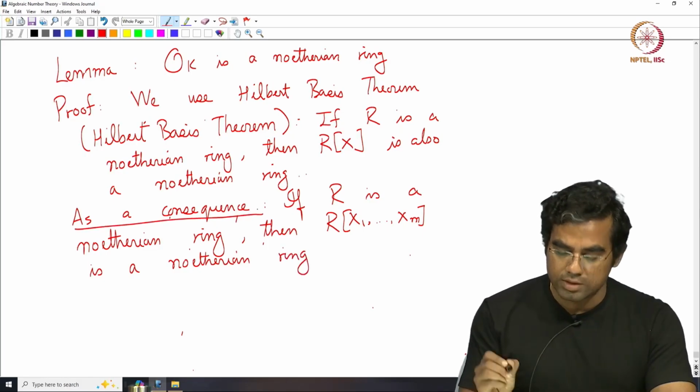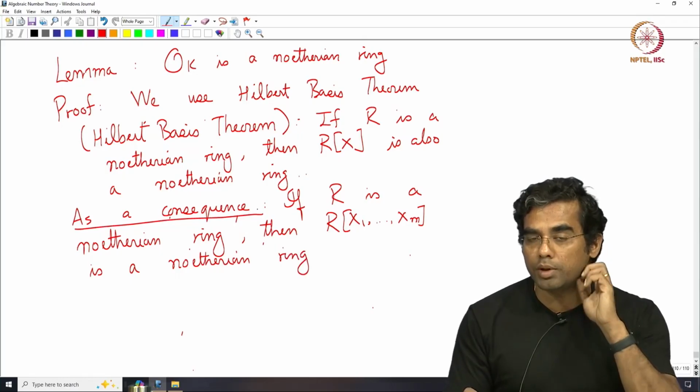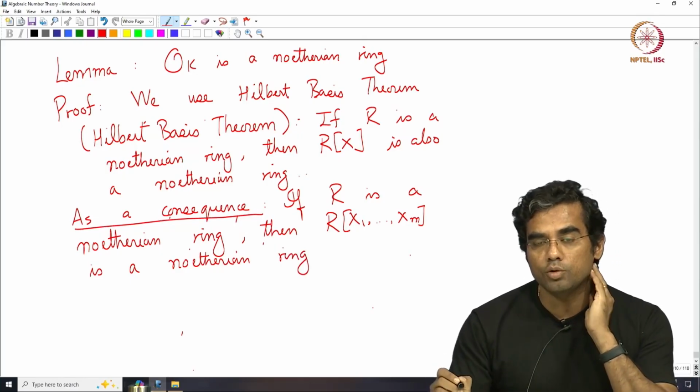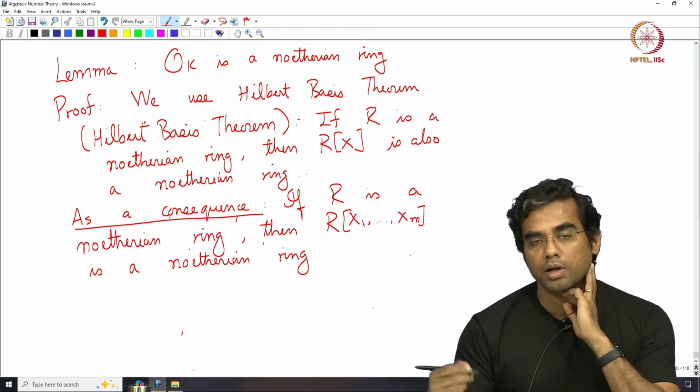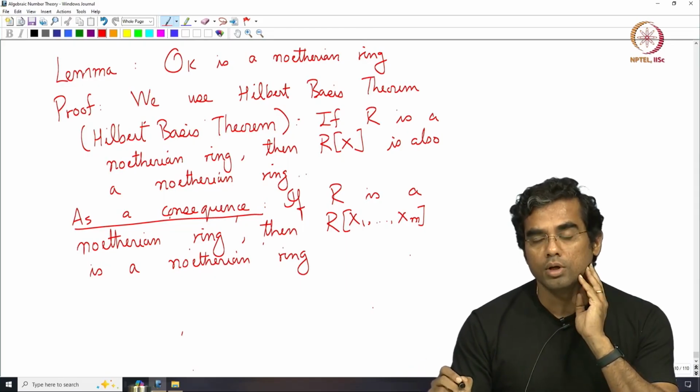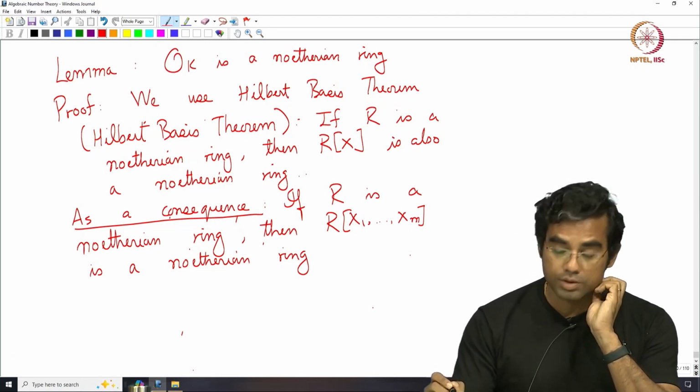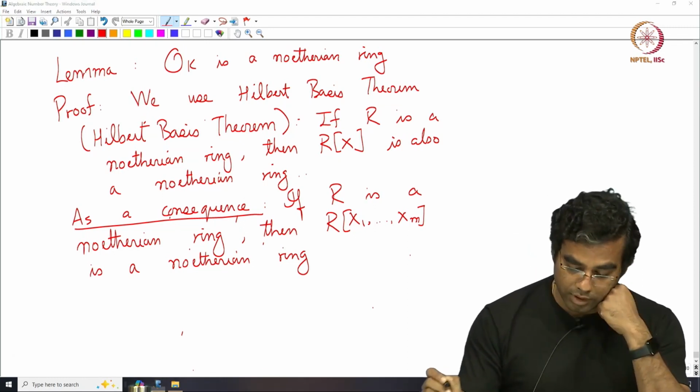Right. So, that is the first consequence, because I can just apply the Hilbert basis theorem to R[x1], which is Noetherian by the Hilbert basis theorem, and I adjoin another variable x2, and so I get R[x1, x2] is Noetherian, etc. Right. So, I can add any finite number of variables.